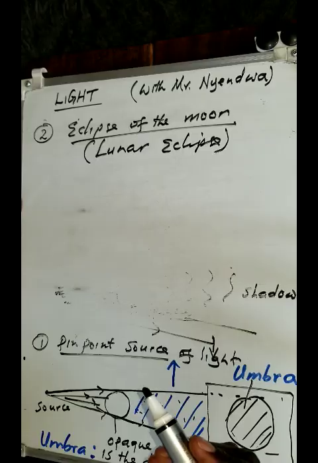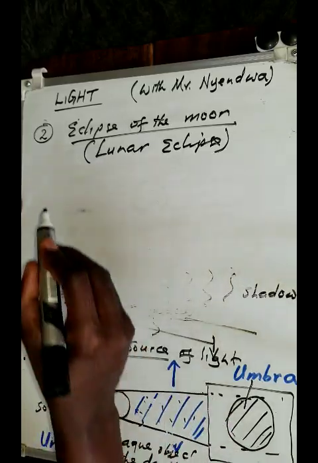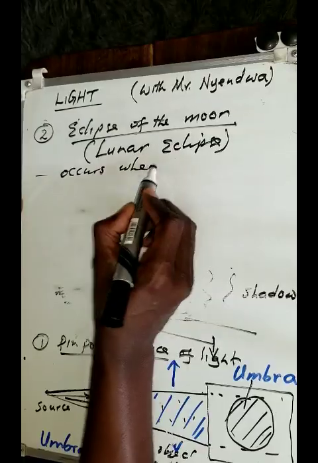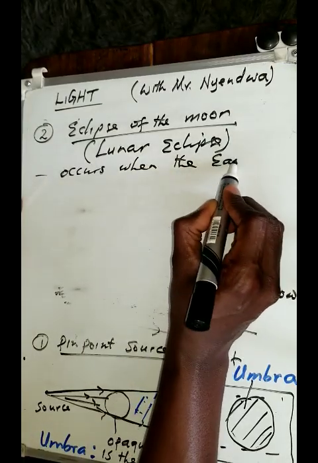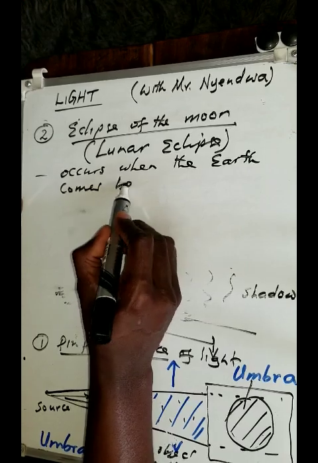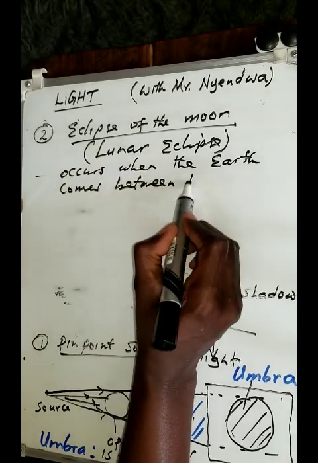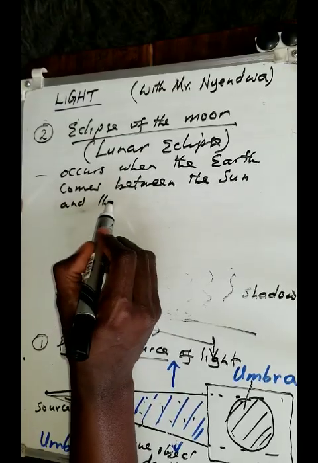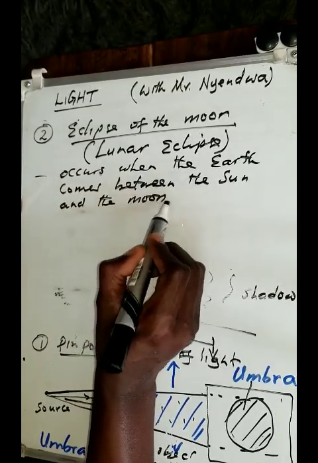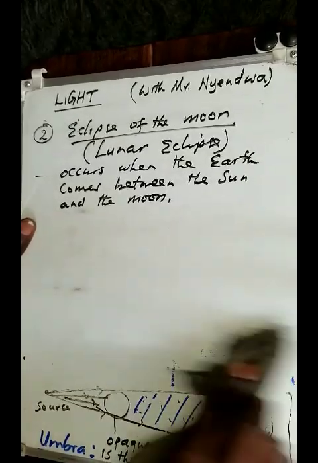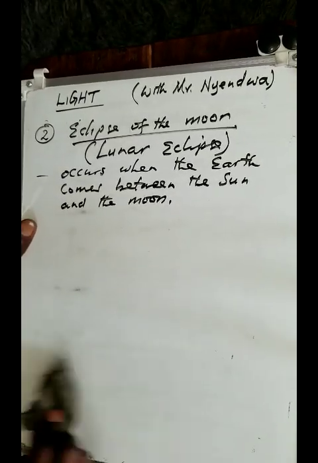Well, this lunar eclipse occurs when the earth comes between the sun and the moon. So when the earth comes between the sun and the moon, what is created is what we call eclipse of the moon.